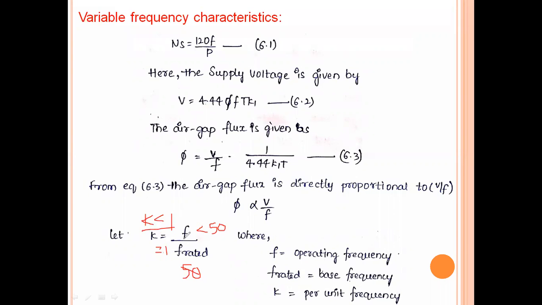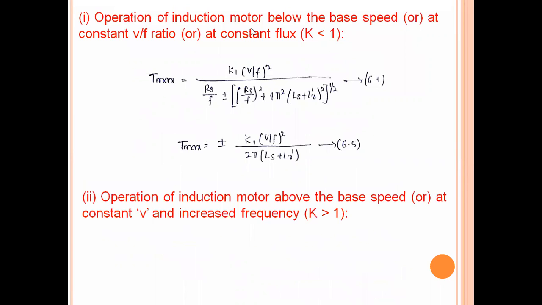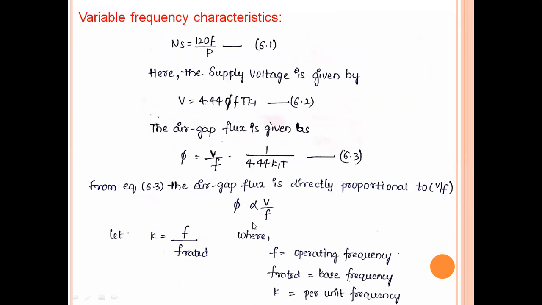So this is the first operating condition. When the frequency is low, as I discussed in the introduction part, the voltage is varied in order to keep the flux constant. From the equation, this flux is directly proportional to V by f.